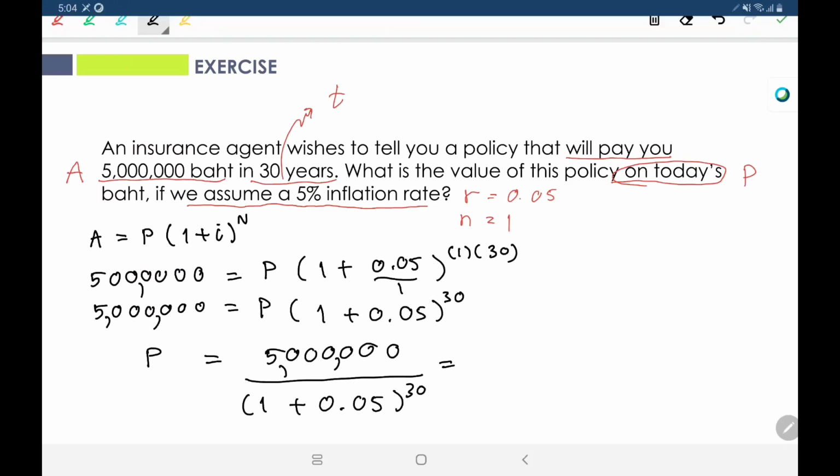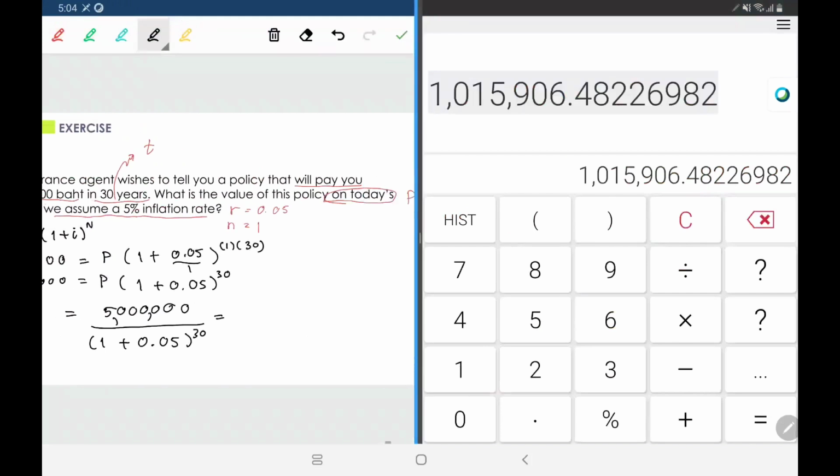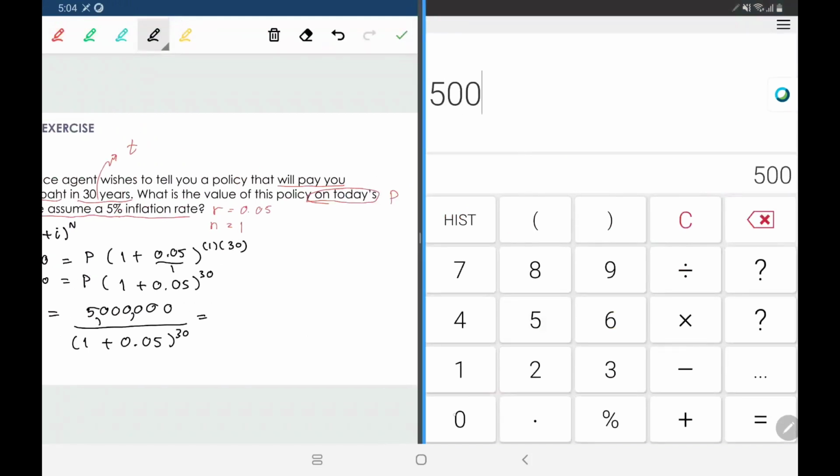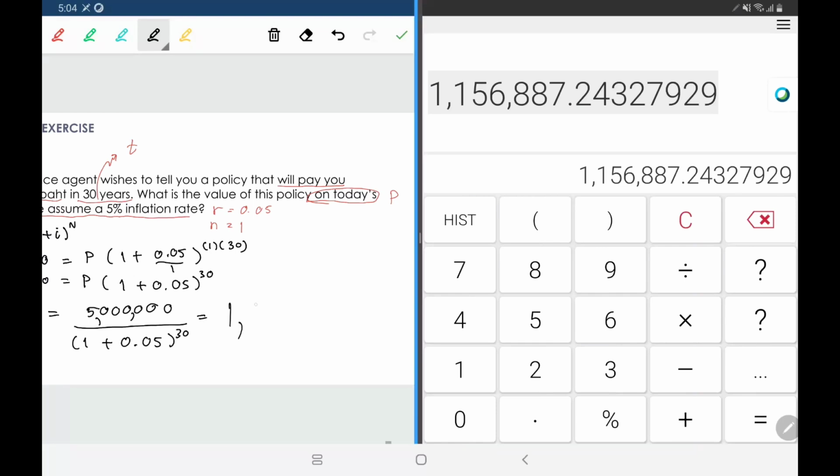So 5 million divided by 1.05 to the power of 30. This is the amount of money that you have to pay today to get 5 million baht in the future.